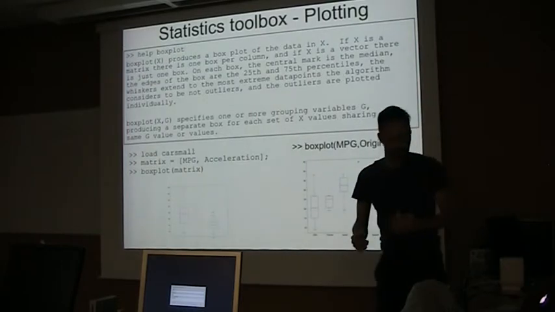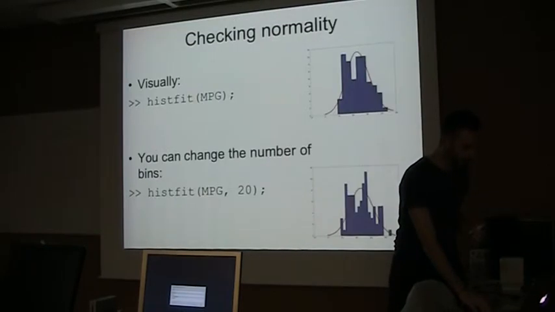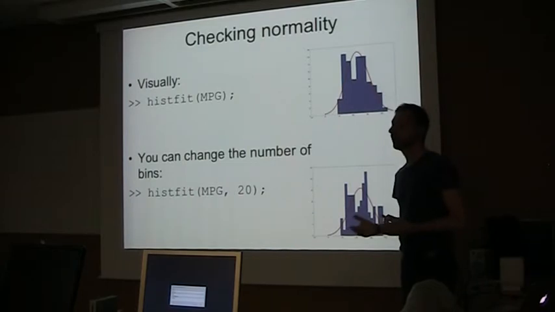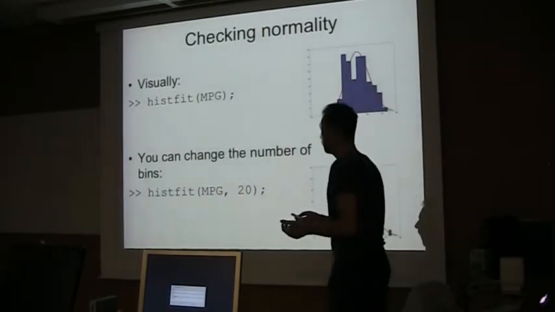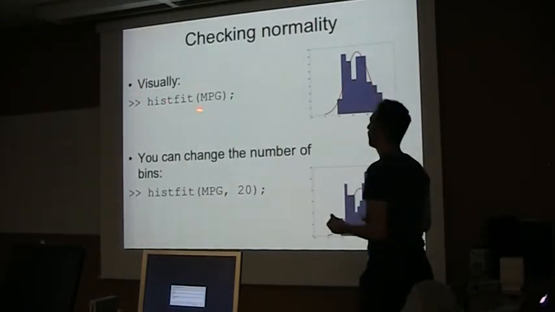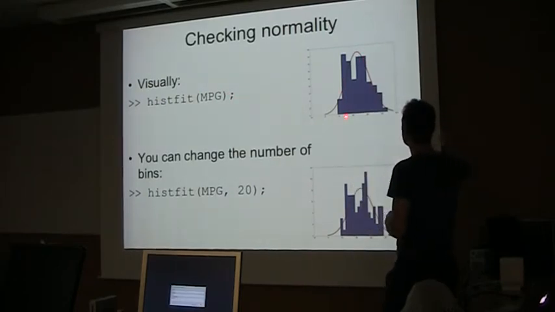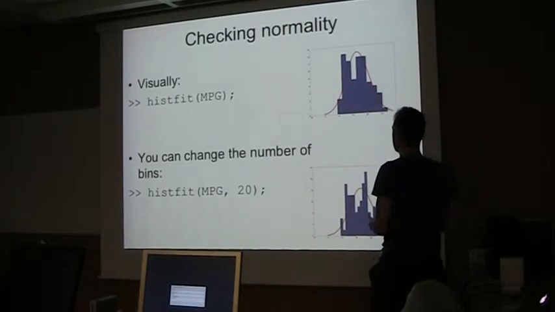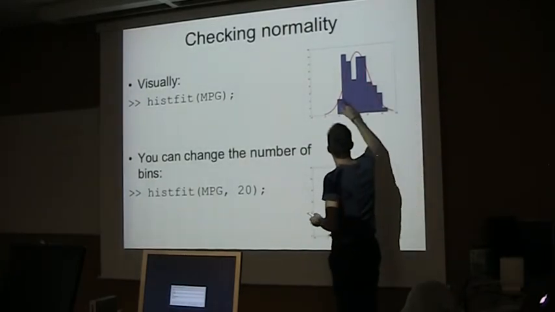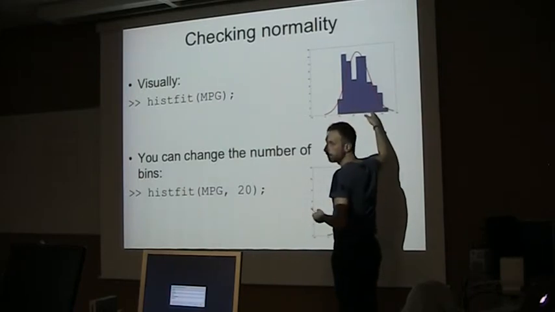And another thing which is important is the distribution of your data. So you could just do a histogram, for example, with histfit, and then you put in the variable. In blue, you see the number of times a certain value comes up.